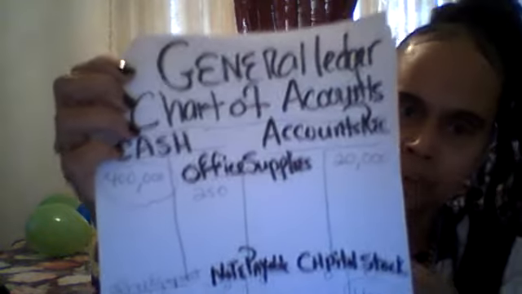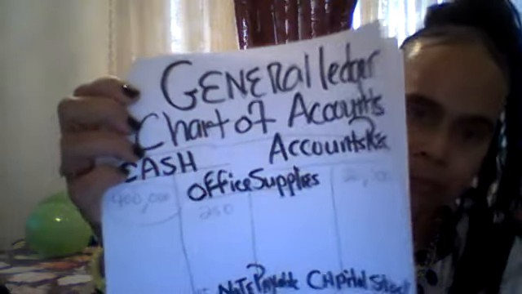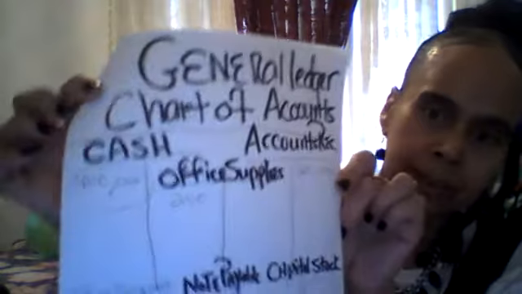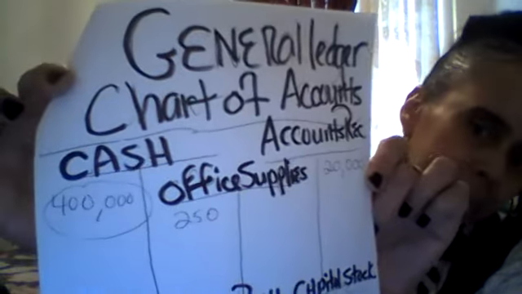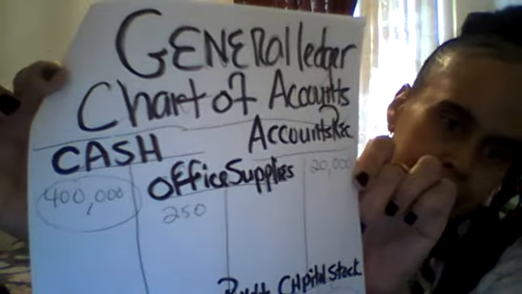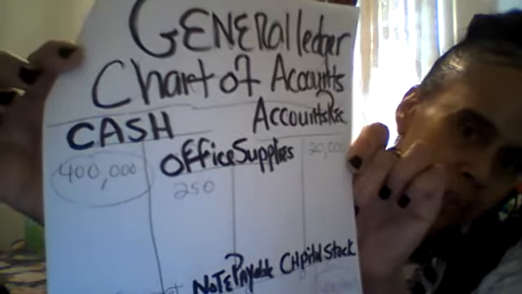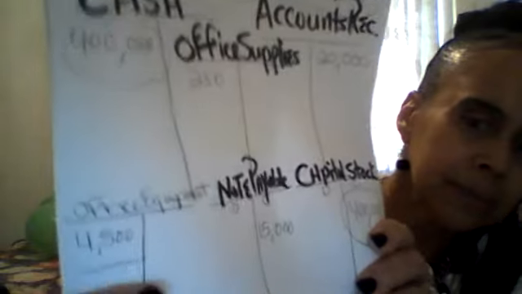A balance on your accounts receivable, a balance on your cash account, a balance on your accounts payable, a balance on each of your accounts. So it's like a chart of accounts, all the accounts that you have for that particular accounting period. This is an example: cash, office supplies, accounts receivable, notes payable, office equipment, and capital stock.